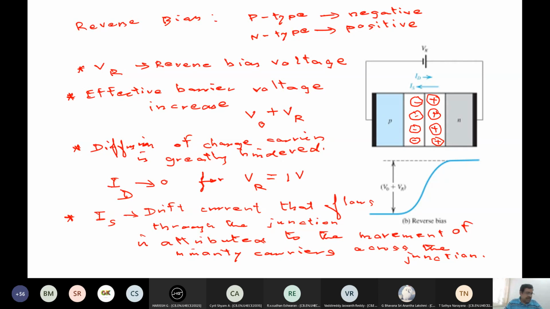To support a large barrier, which is now V naught plus VR, we need a corresponding increase in the stored uncovered charges. We say stored charges because they are fixed to the lattice. The ions themselves cannot move.